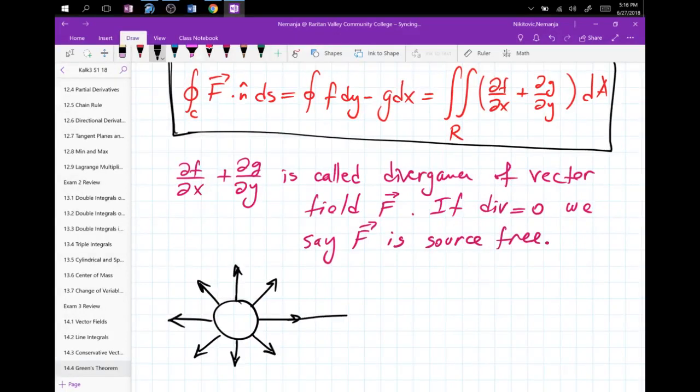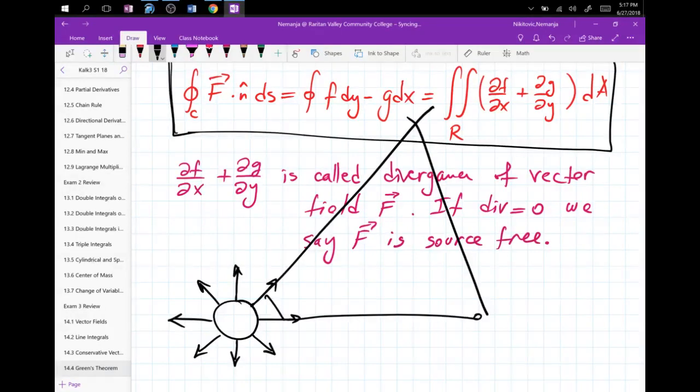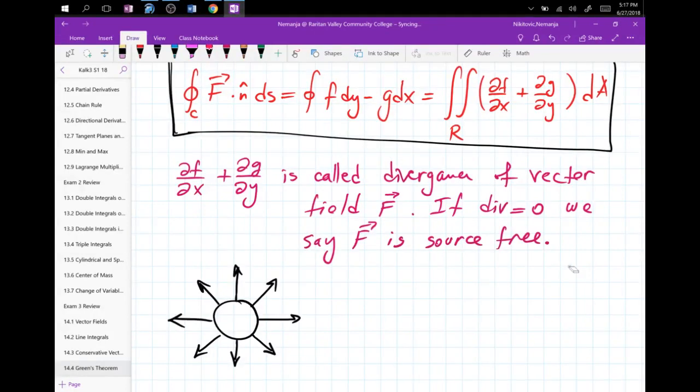If I extend this ray up to here and this ray up to there, this distance is much longer than the distance where the two rays were closer. So when I say divergence is 0, we say that the vector field is source free. Well, only if you have a source do you have divergence, right?